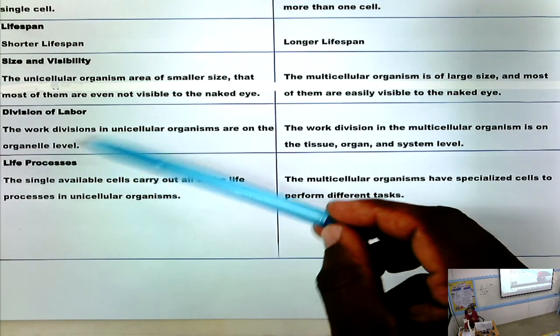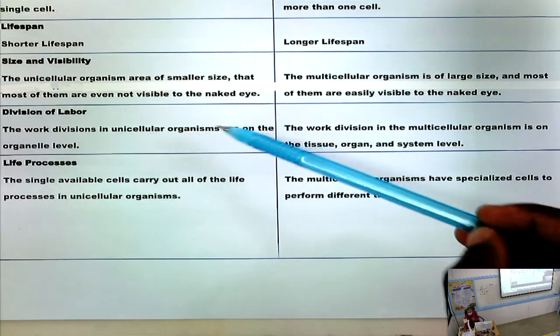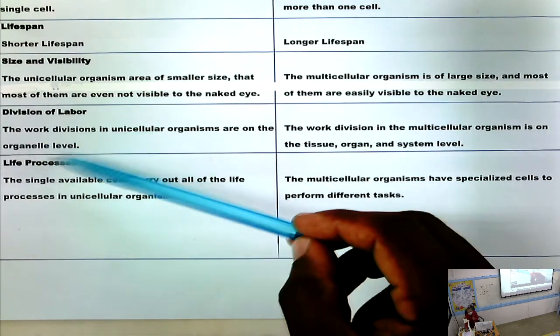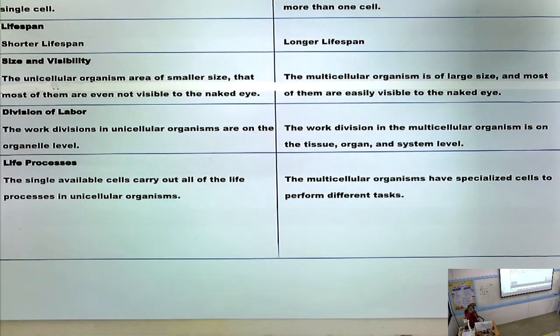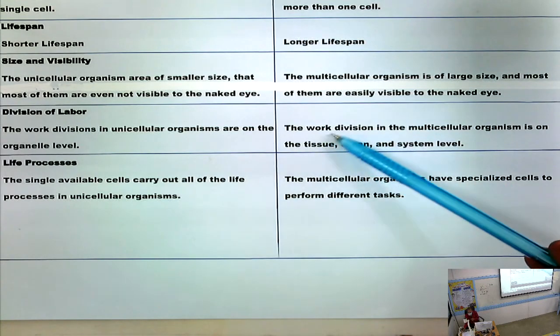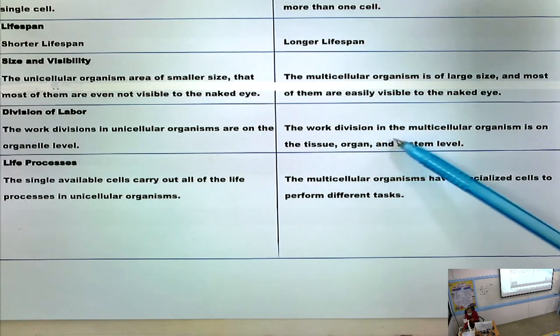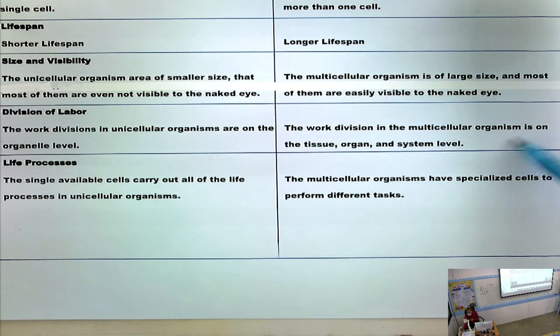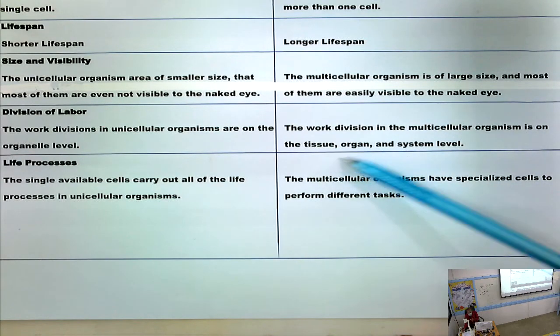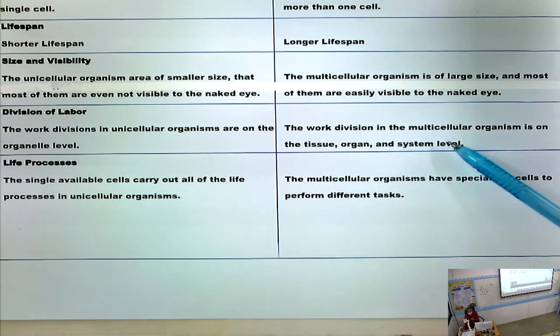Then we will look at the division of labor. The work divisions in the unicellular organisms are on the organelle level. That is within the cell itself. All the tasks of eating food, digesting it, excreting and reproducing are within the organelles. Then when we look at the multicellular organism, the work division is on the tissue, organ, and system level.